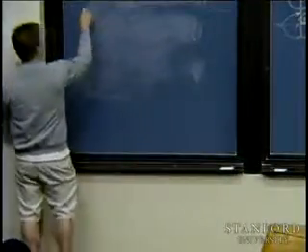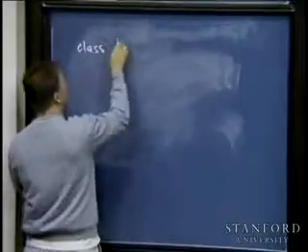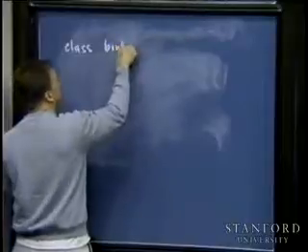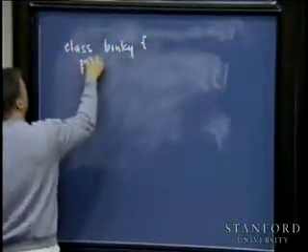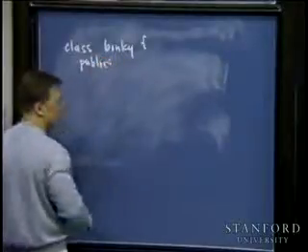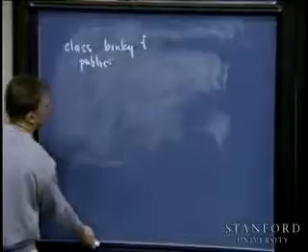When you do something like this, class, I'll just do Binky. And I'll worry about the public section in a second. Let's not worry about constructors or destructors. They're interesting, but they're complicated, so I want to blow them off for a minute.